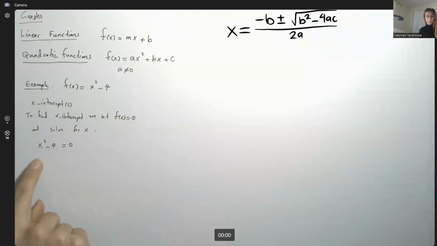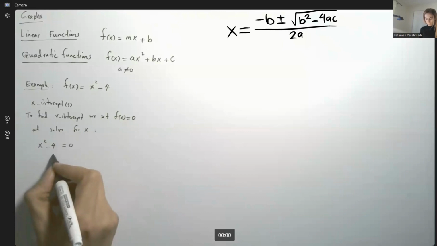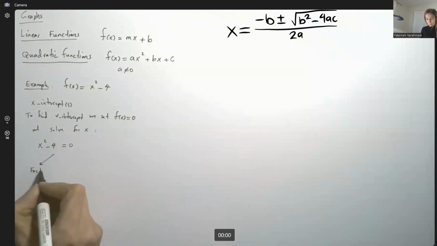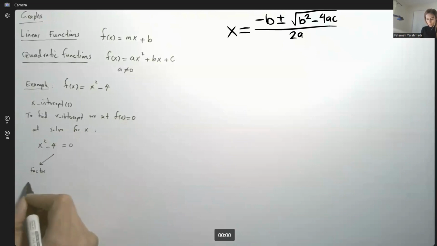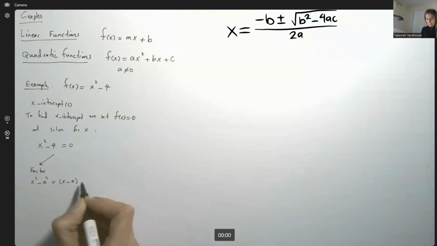To solve this equation, you have two options. Option 1 is to write this in factored form. Remember that x squared minus a squared is x minus a times x plus a.